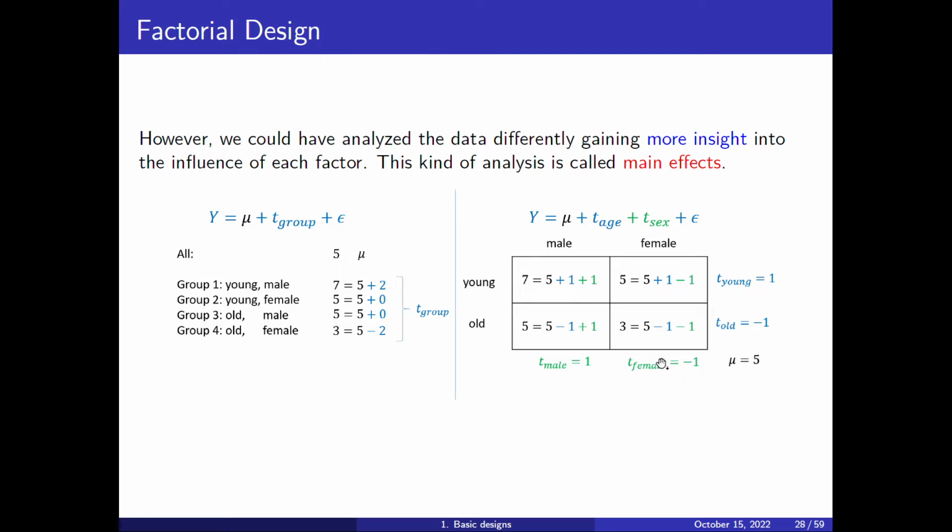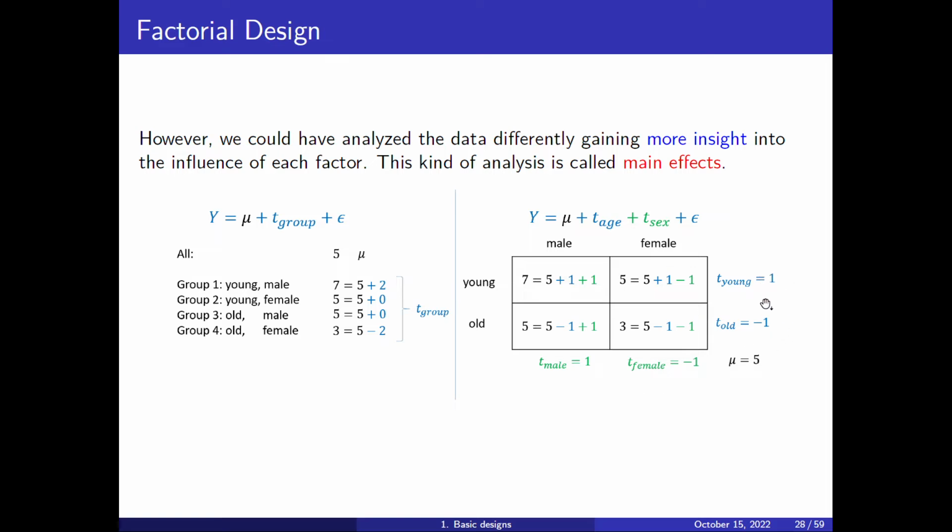So now you see that young males and old females are different, and you know the reason why. The reason is that male and female have a difference of 2 between them. From this +1 to this -1, there is a total distance of 2.